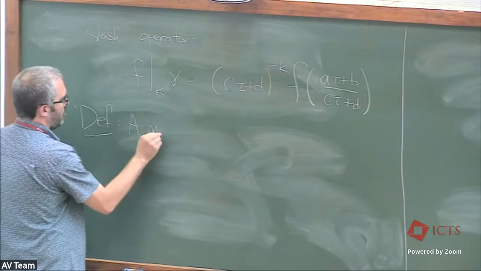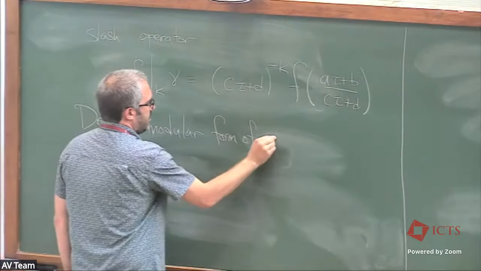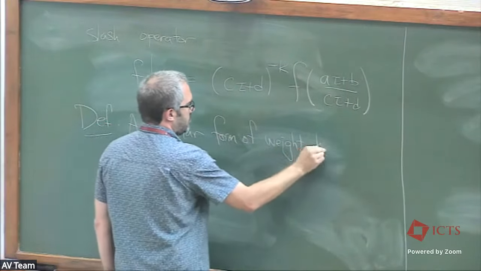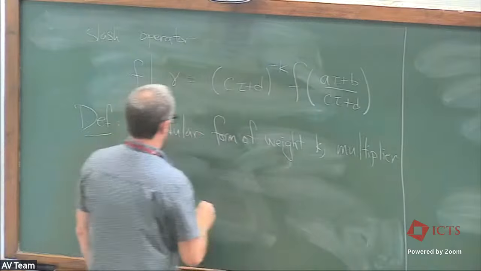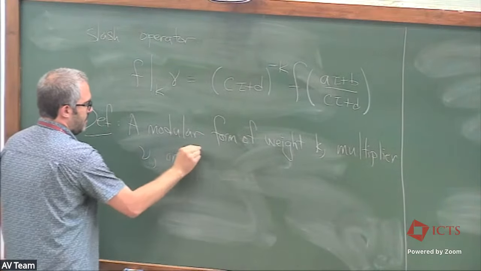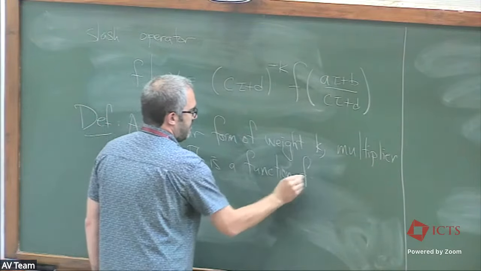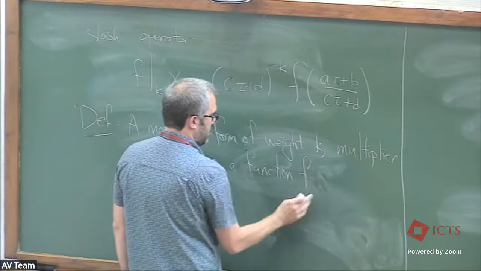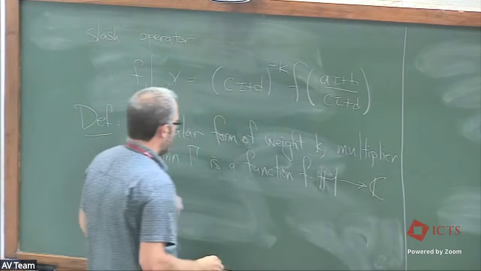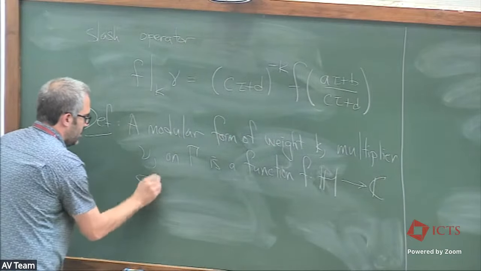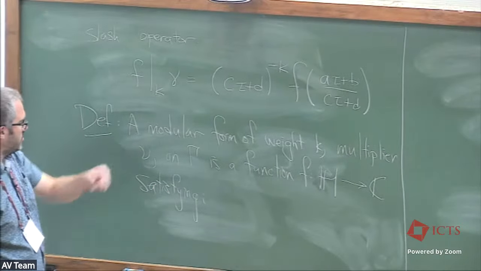A modular form of weight k, multiplier nu on gamma is a function f from the upper half plane, the upper half of the complex plane, to C, satisfying three conditions, which I'll write on the next board.